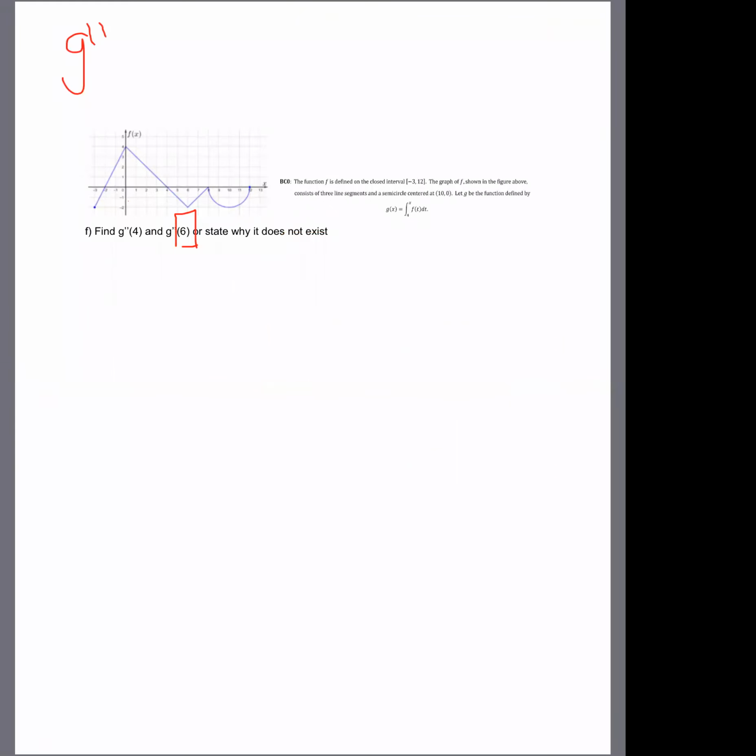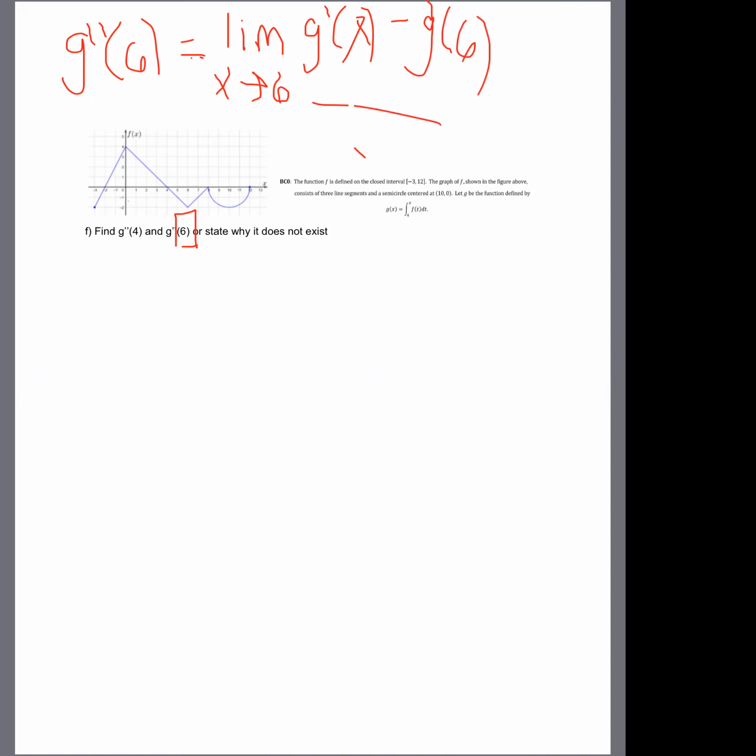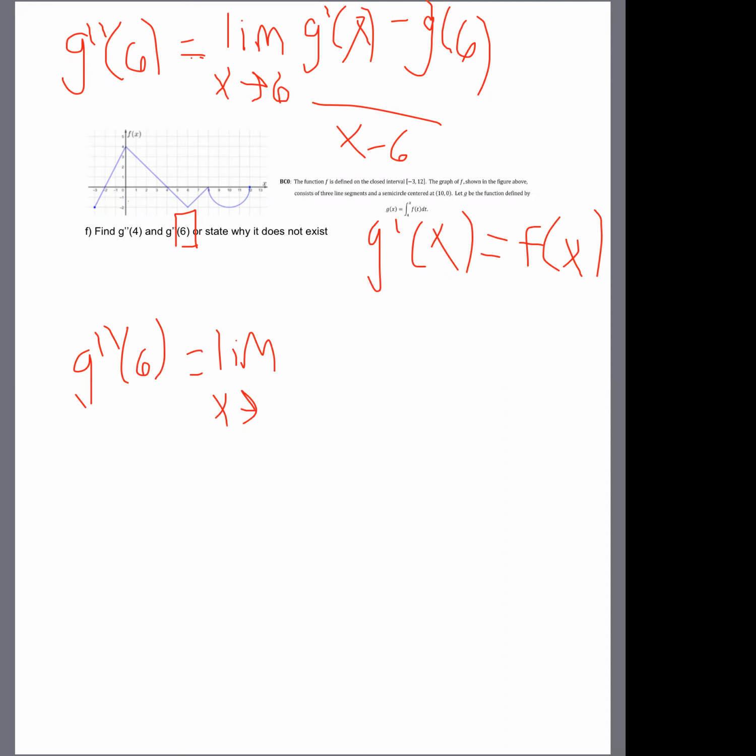So g double prime of 6 has to be equal to the limit as x approaches 6 of g prime of x minus g prime of 6 over x minus 6, which, as we know from this equation right here, just because we're going to be using the graph of f, really ends up being that g double prime of 6 is equal to the limit as x approaches 6 of f of x minus f of 6 over x minus 6.